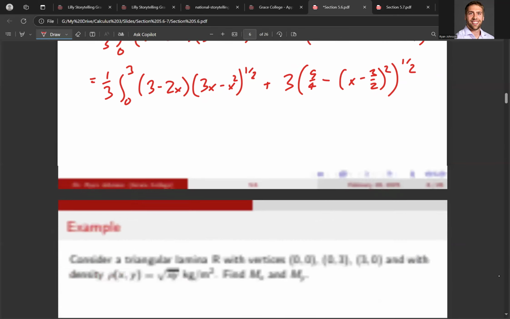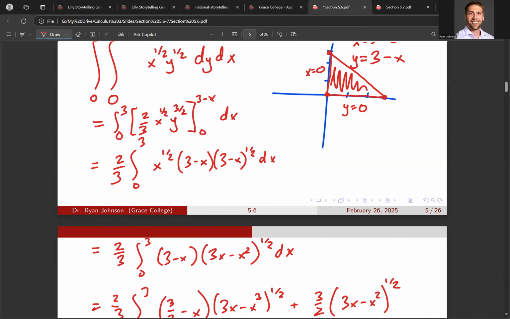So recall, I didn't leave any space for this. Recall that when you integrate the square root of x squared plus a squared, that's going to equal 1/2 natural log of... was the natural log only for part of it?